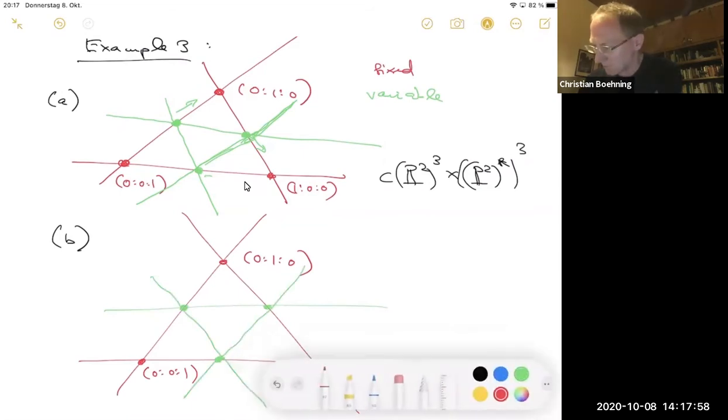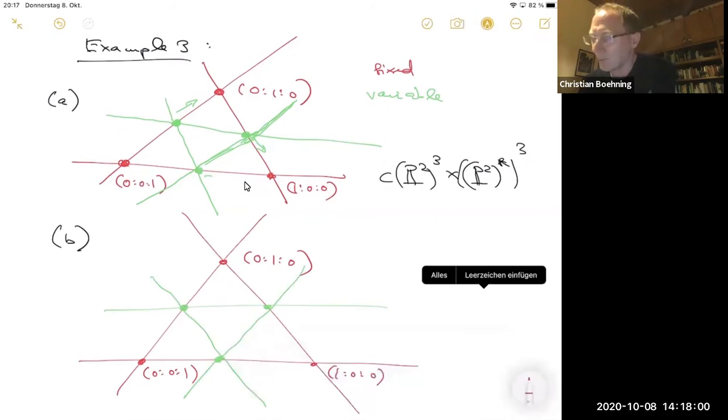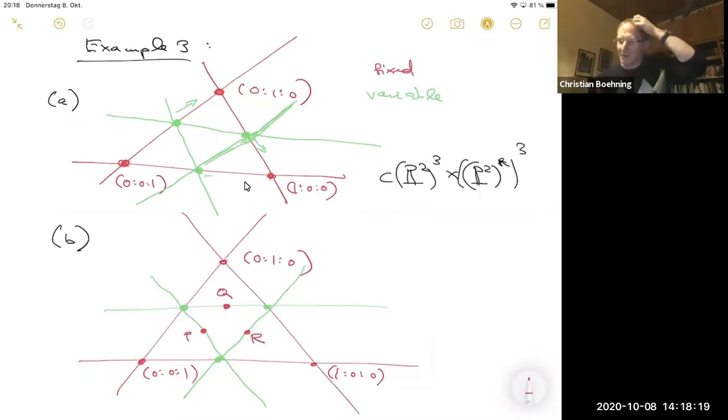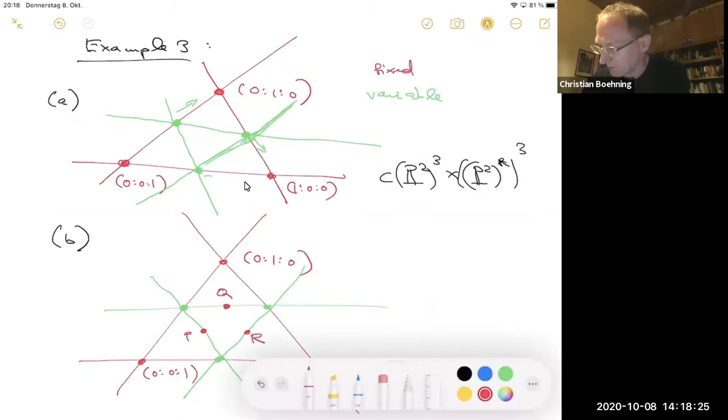But now I want to rigidify the situation by additionally demanding that these green lines should pass through 3 further points, P, Q, and R, that are fixed. P, Q, and R are given somewhere here in P2, and I demand that the green lines pass through them as drawn.